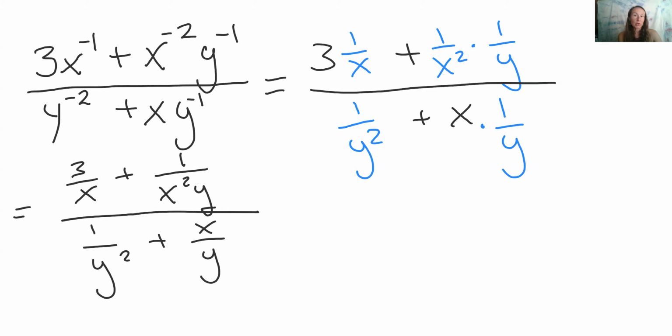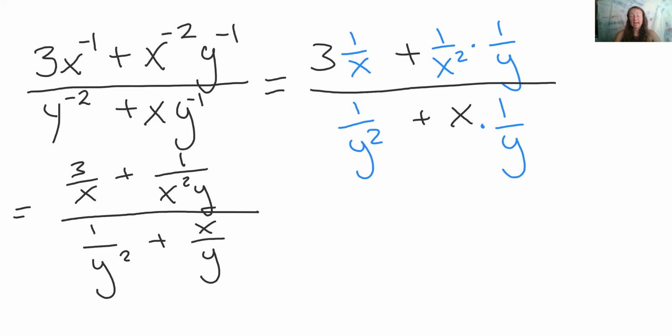And once you get good with your negative exponents, you can probably translate right to the expression that I just drew. But until then, you might want to start with that transitional state where you do what we did in blue, which is convert everything first to the fraction, then simplify each term via multiplication. Okay, but here we are, and now what we've got is a complex fraction.